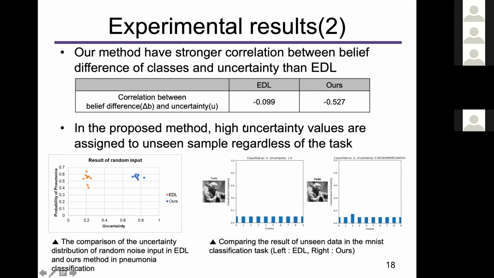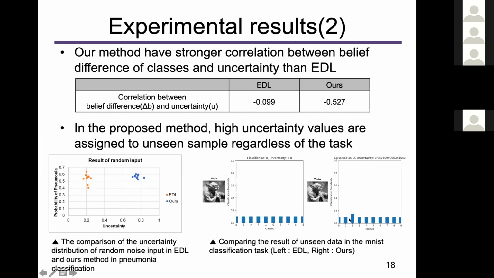And these are the final results for when the Yoda image comes to the model trained on MNIST data. So this is the previous example for EDL, and this is our model.